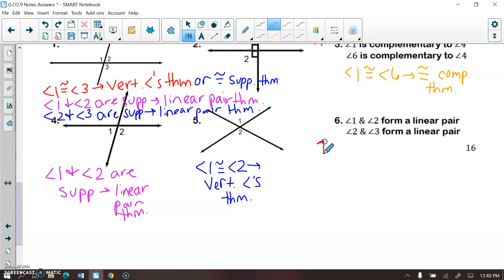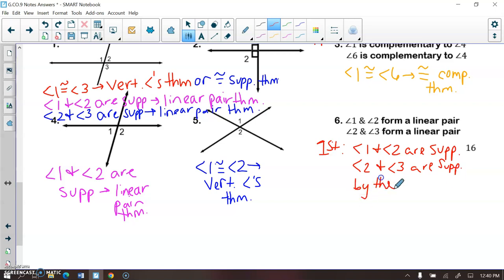So first you would need to say that angle 1 and angle 2 are supplementary, and angle 2 and angle 3 are supplementary by the linear pair theorem. That's all you could say first.